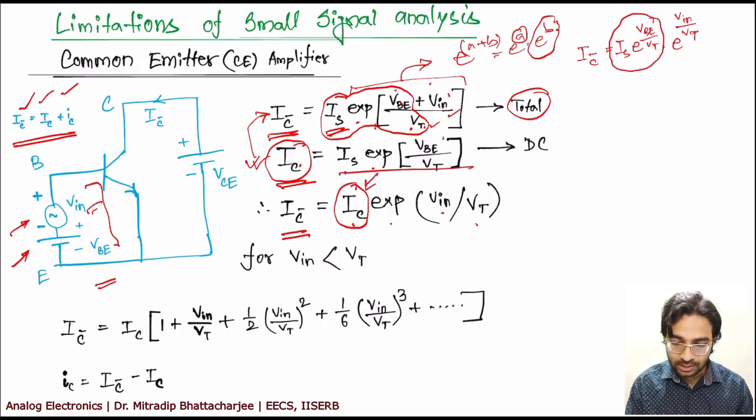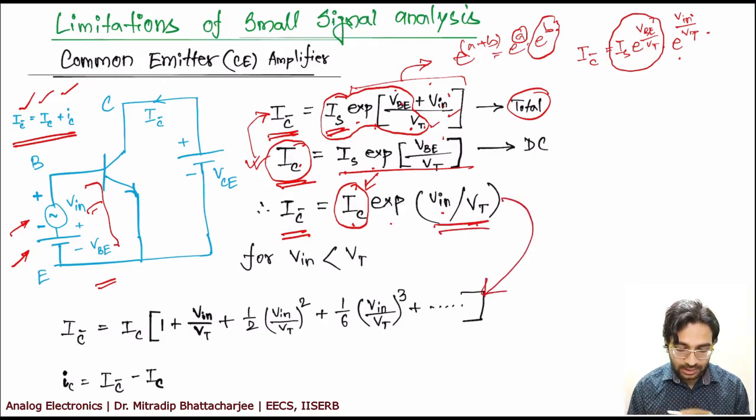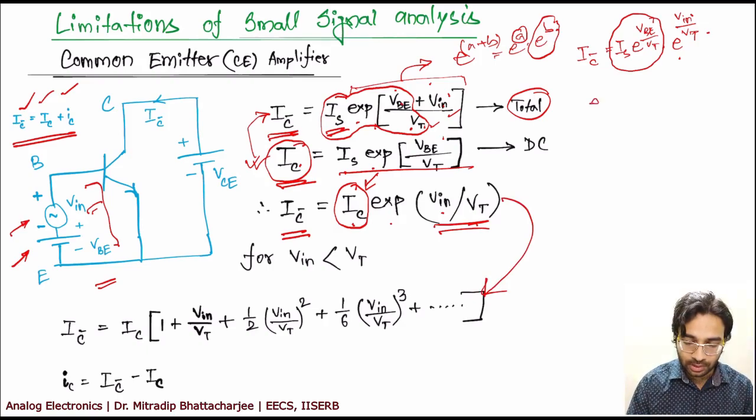Then you are left with exponential Vin by VT. Now if you expand this in infinite series, that is the infinite series of e to the power x, which is 1 plus x by 1 factorial plus x square by 2 factorial plus x cube by 3 factorial.